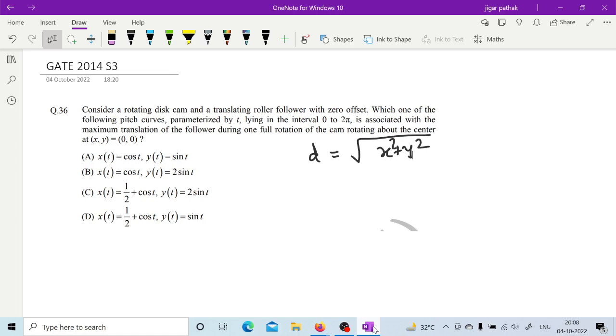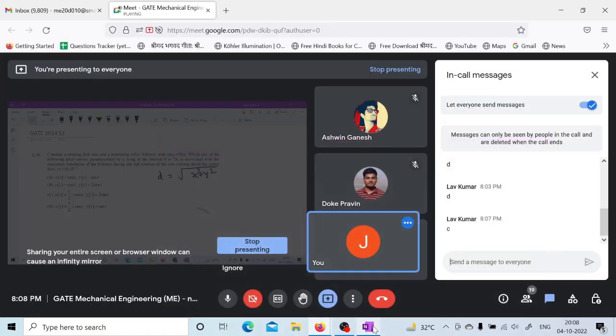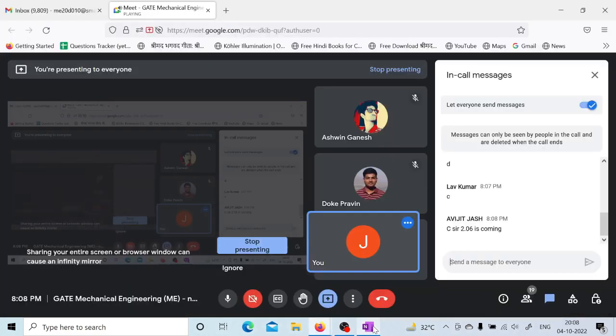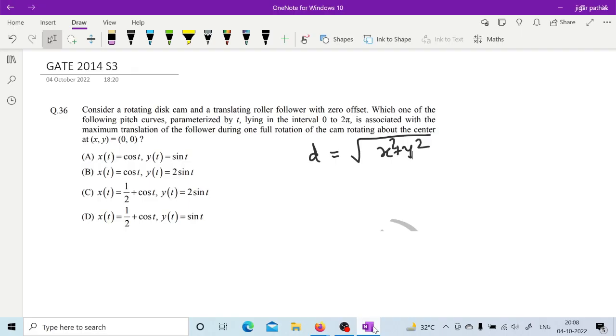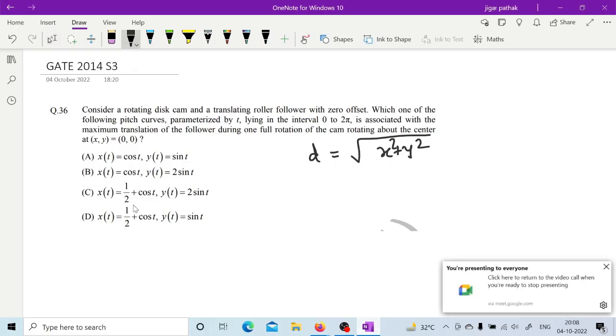Sir, should we integrate this one? Sorry? Equal to root of x square plus y square. We can explain that. x square plus y square, let us see. You can try each of the given options.